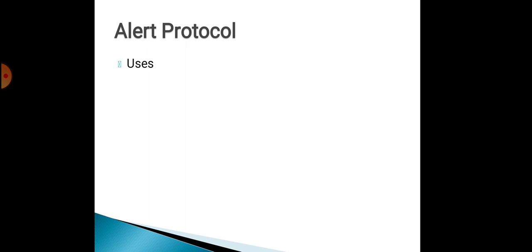This is the last topic of our session, the alert protocol. The alert protocol is basically used to convey SSL-related alerts to the peer entity. Alert messages are encrypted and compressed as specified by the current connection state.